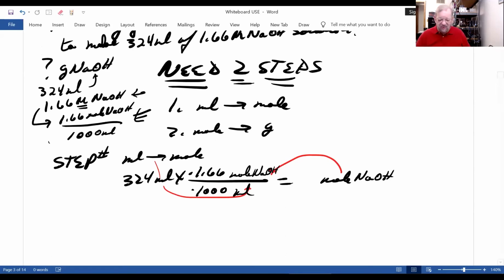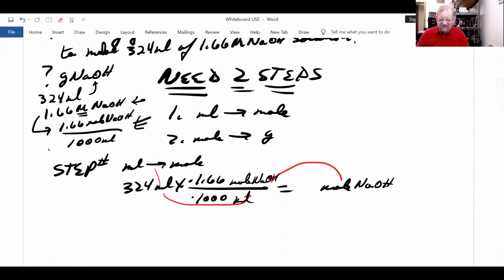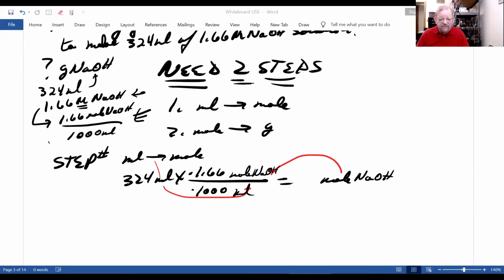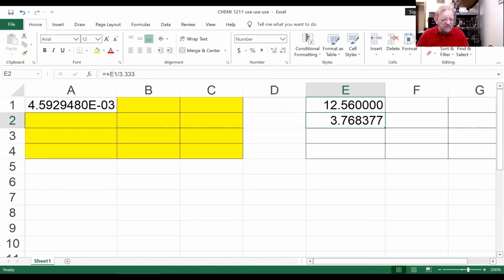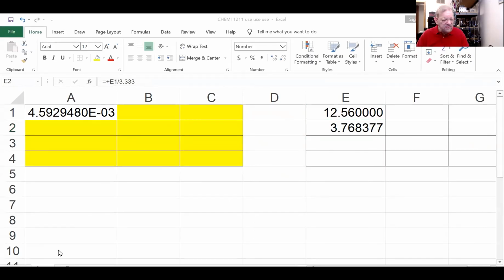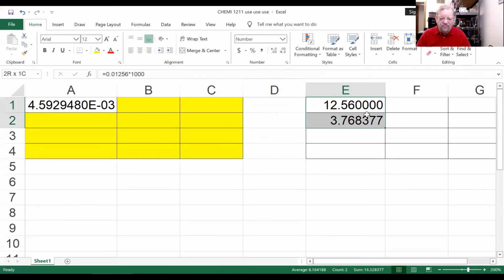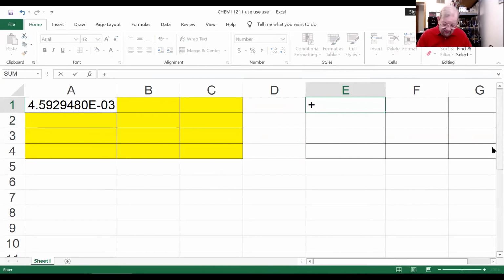So now I'll go to my trusty calculator. And I'll multiply 324 times 1.66 divided by 1,000.